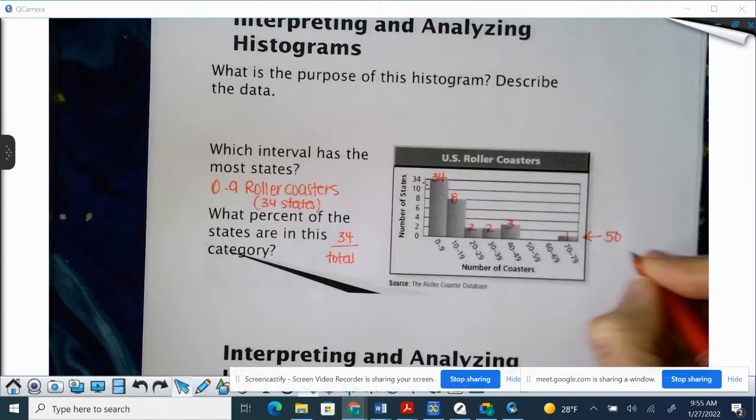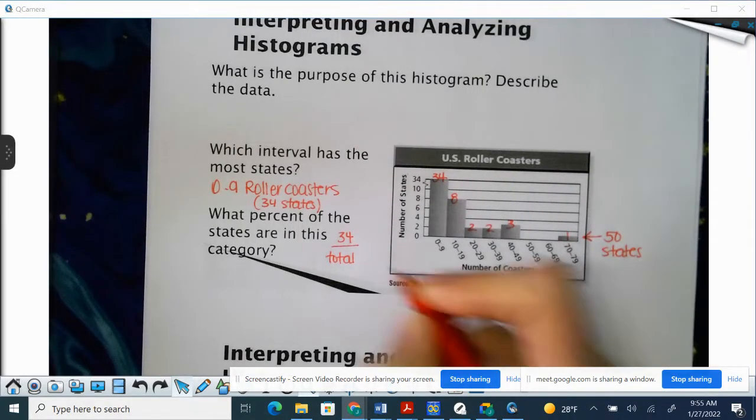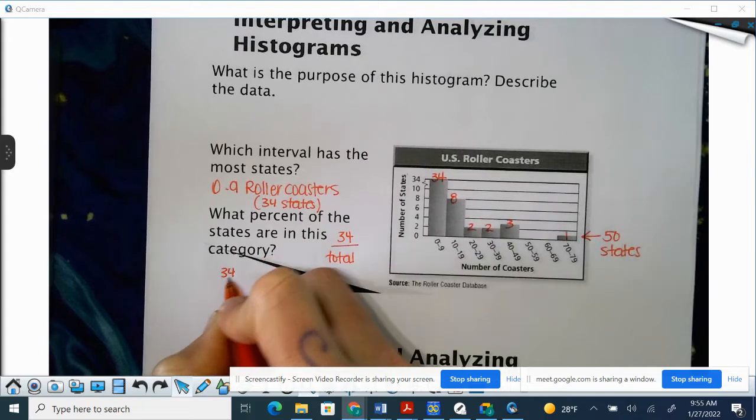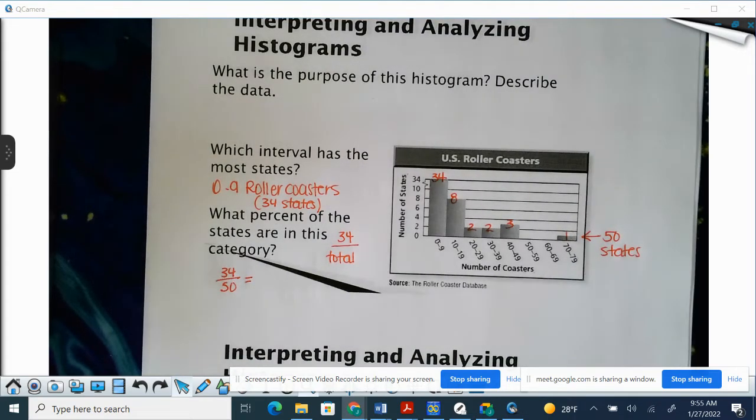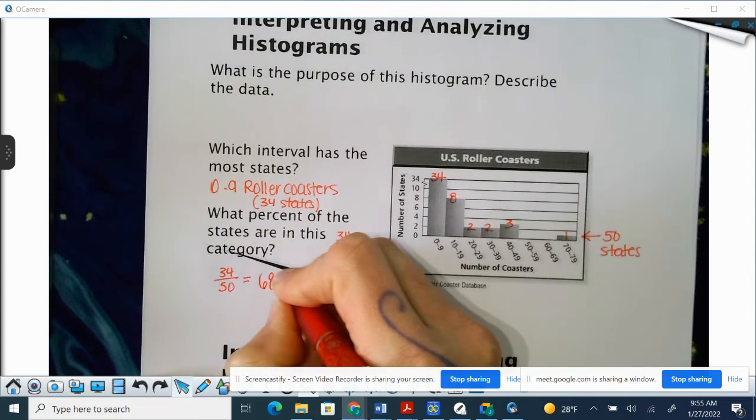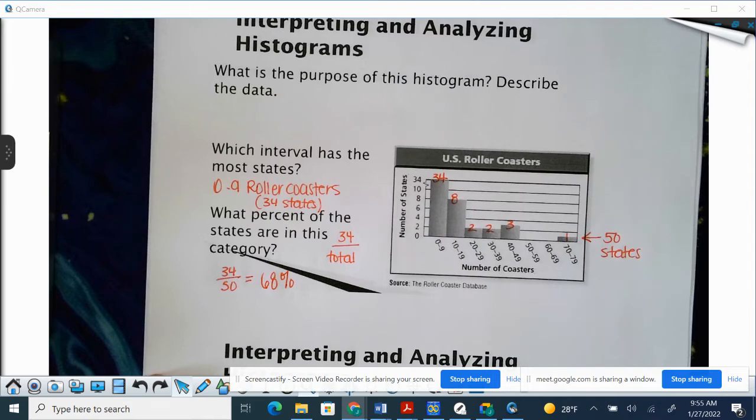So 34 divided by 50 is going to give me my percentage. I don't want to guess and mess that up, so I'll grab my calculator. 34 divided by 50 is 68% of the states. So 68% of the United States are going to have 0 to 9 roller coasters.